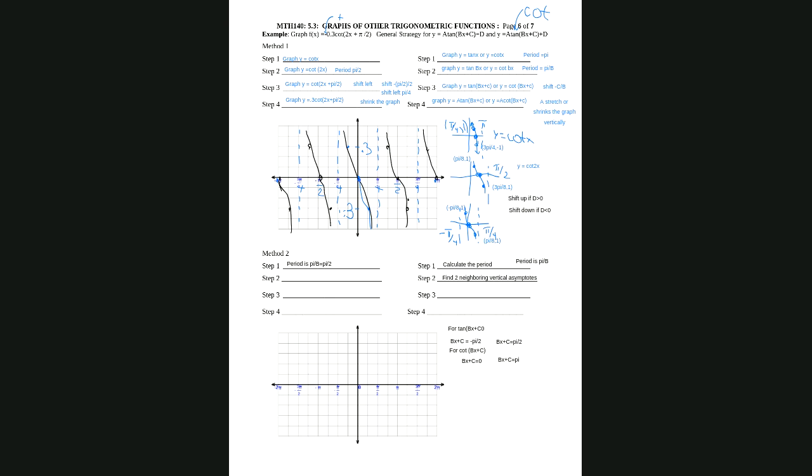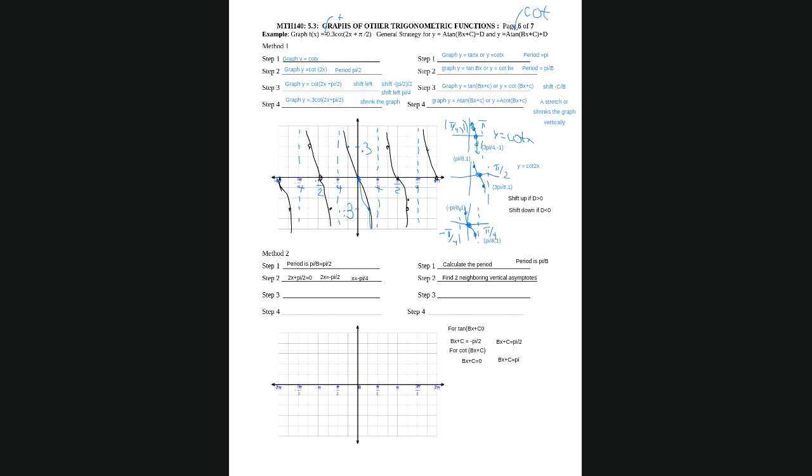So to find the vertical asymptotes for this particular function, my bx plus c is 2x plus pi over 2. And because I'm working with cotangent, I'll set that equal to 0. And that gives me 2x is equal to negative pi over 2. And to solve that for x, I divide both sides by 2, and I get x is equal to negative pi over 4. Is that okay so far?